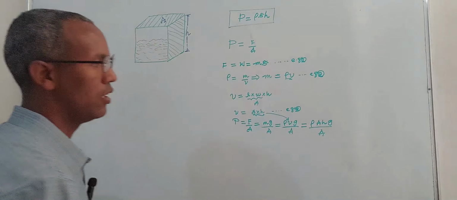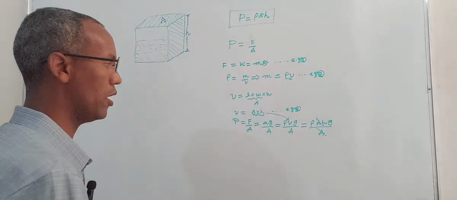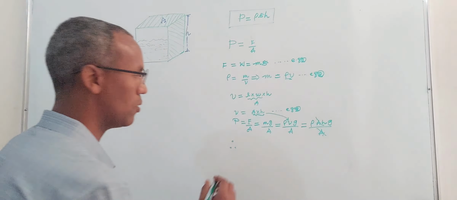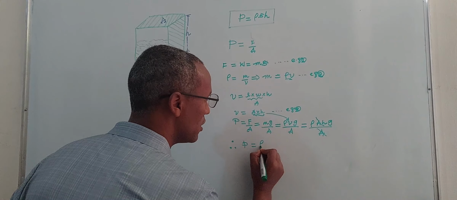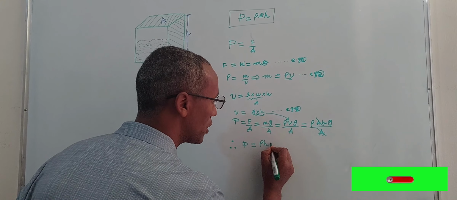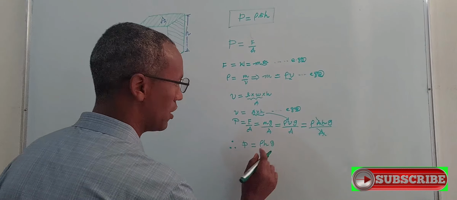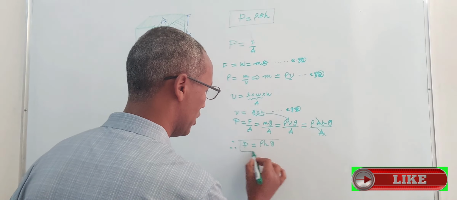Now you can cancel the area with the area. Therefore, the pressure is equal to density multiplied by height multiplied by acceleration due to gravity. That's all, because we did cancel the area.